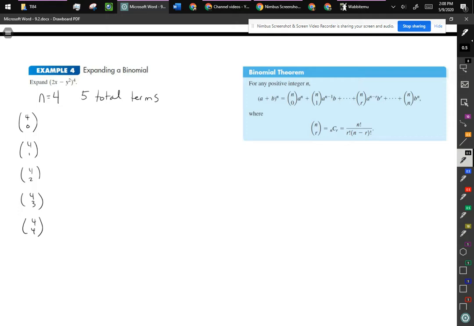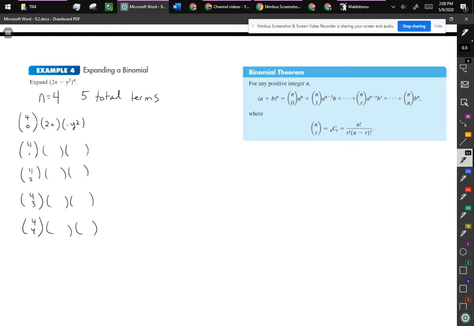Next thing is I'm going to focus on my exponents. So I'm going to actually leave these empty. Or even if I just filled in a couple, I think it's safe to say we know that here's 2x, here's negative y squared.